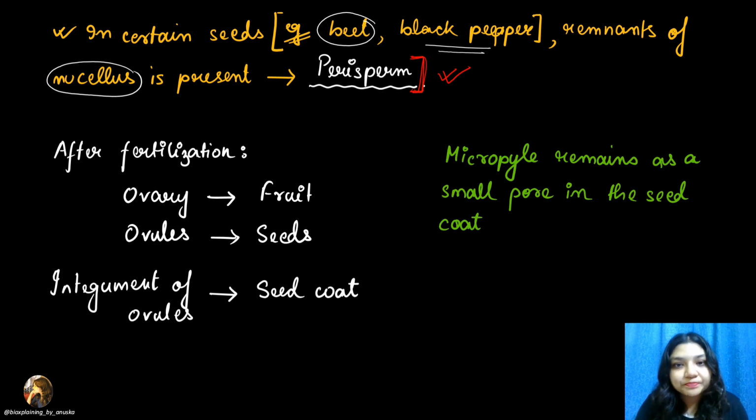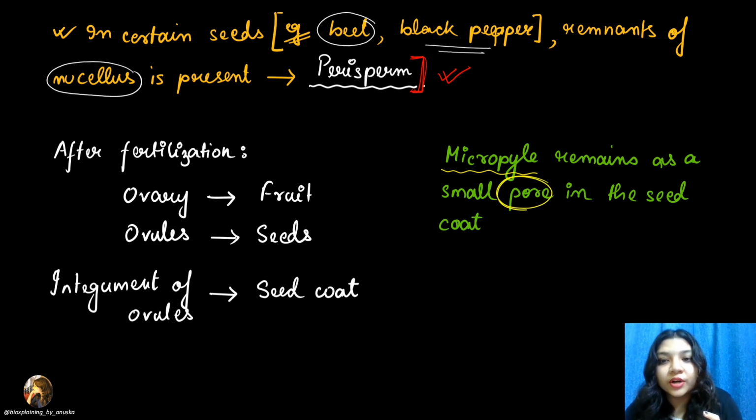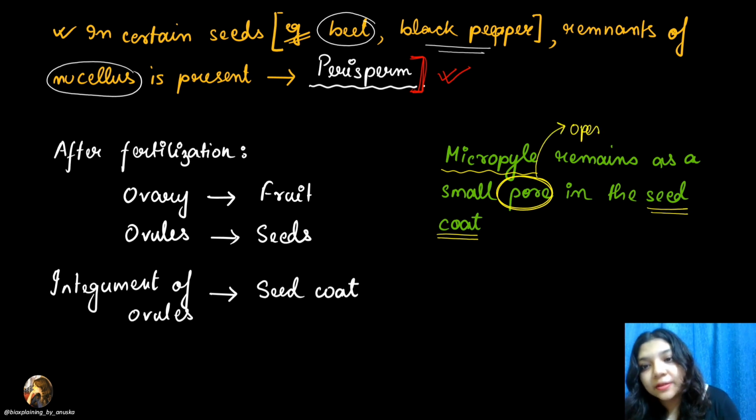It becomes the seed coat, right? But the micropyle, remember what the micropyle is? The micropyle was the one place via which the pollen tube was entering the embryo sac. Remember? That micropyle still remains as a small pore in the seed coat, right? The opening that was there is still an opening in the seed. But why?